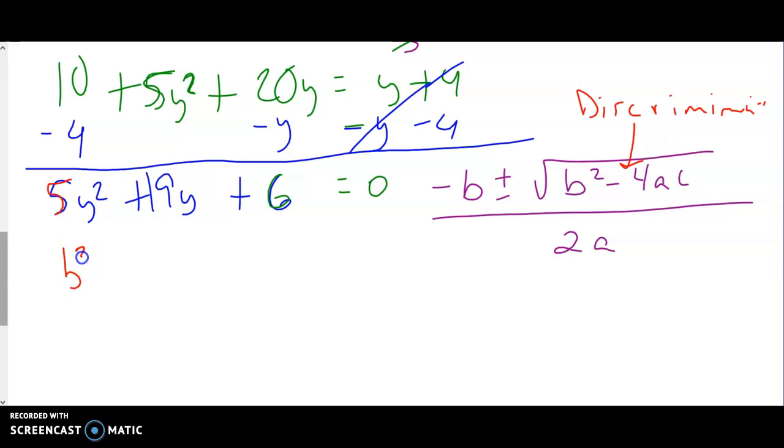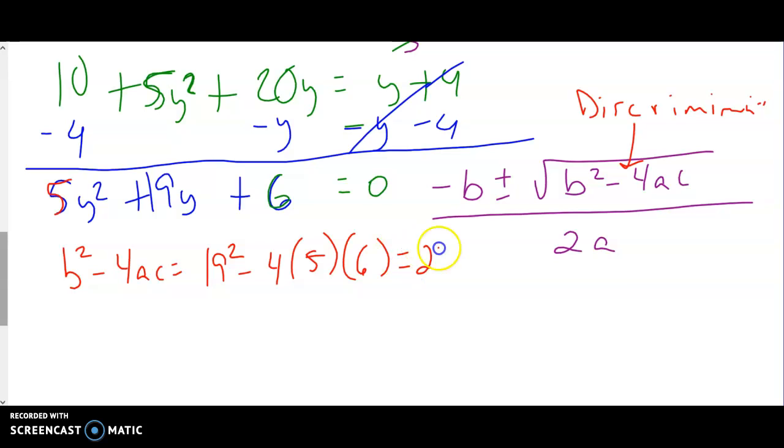If we tested that initially, and it results in a perfect square, then we should have been able to factor it. If it does not, then factoring is not ideal. So b squared take away 4ac results in 241, which is not a perfect square number. So there's no square root of that.